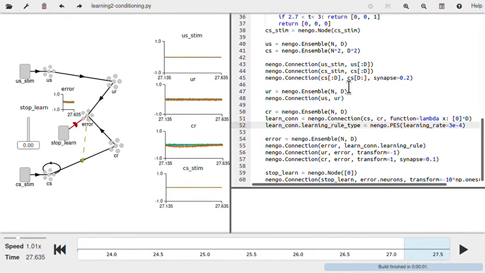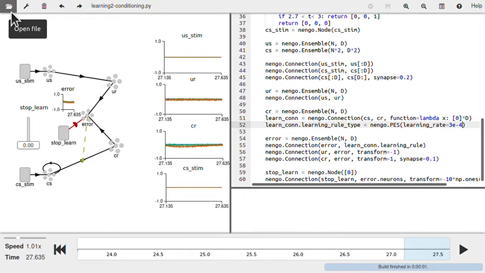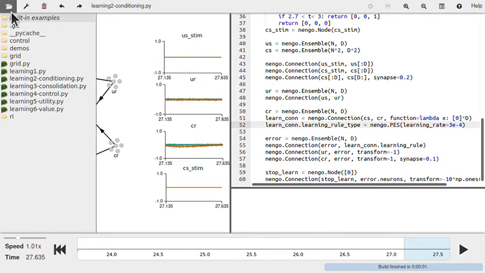All sorts of fun experiments could be done in order to figure out, okay, what are good learning rates in order to match biological behavior in these sorts of tasks. But it's a nice, simple model of conditioning that gives you a nice place of where all these learning rules could get their error signals from. What else can we do? So that's one interesting possibility.